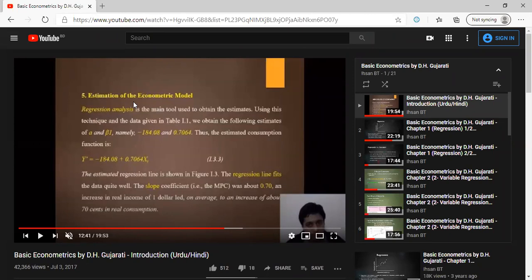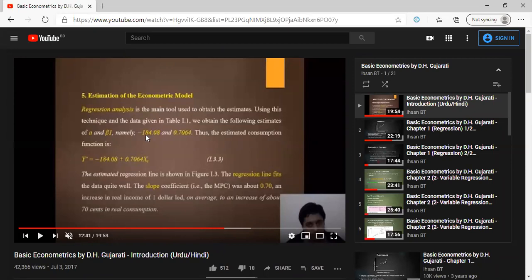So what we find will not be exactly beta 1, but an estimator of beta 1, which will be close to it.